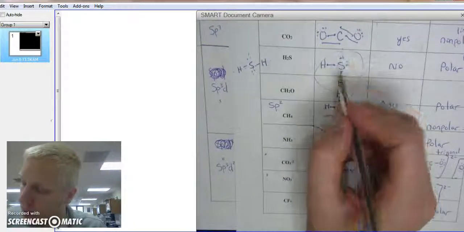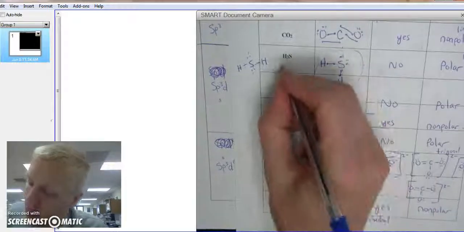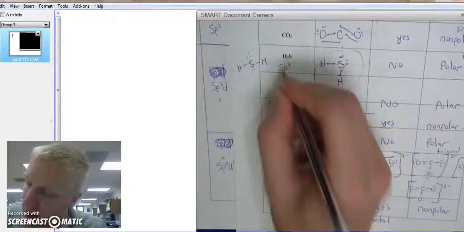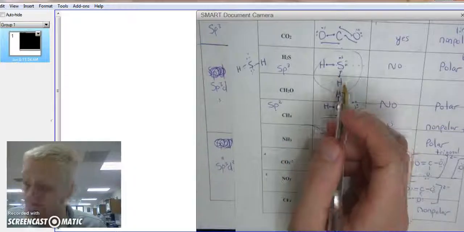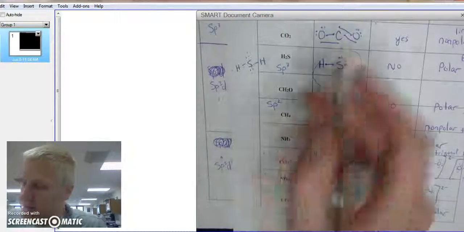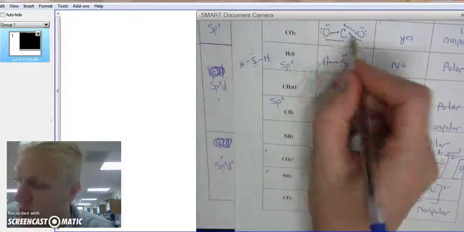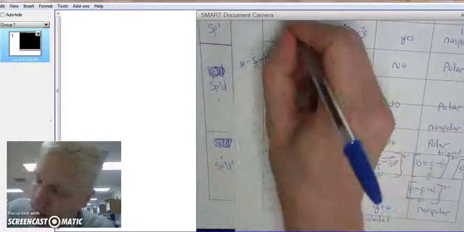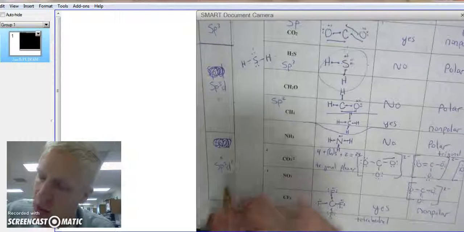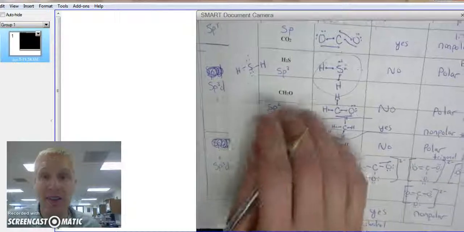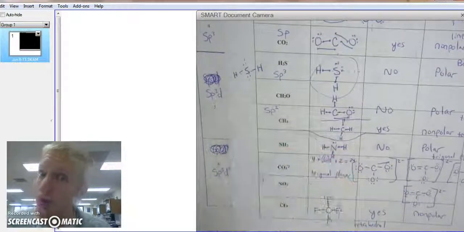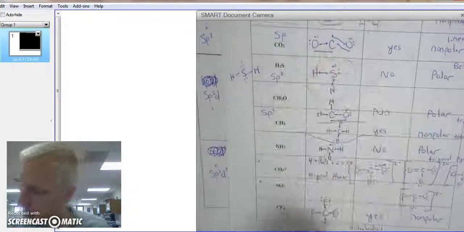Here we got bent, 4 electron groups, so this is sp3, 3 and 4. And there's no double bond, there's just single bonds. Here's one with just 2 electron groups. That's sp, which means there needs to be at least one triple bond or 2 double bonds, and there are 2 double bonds.